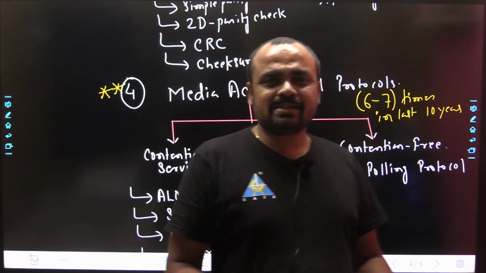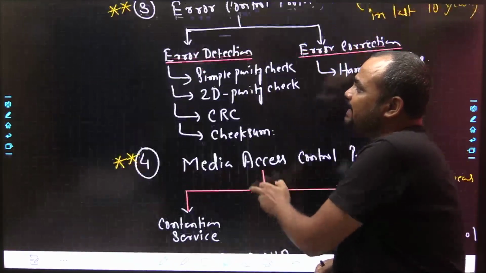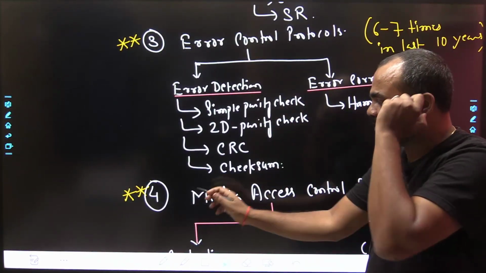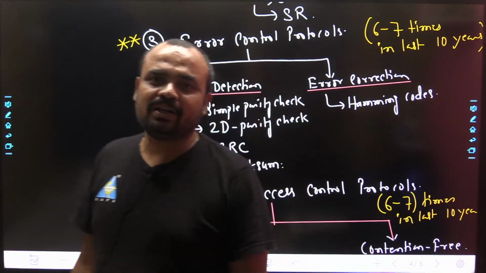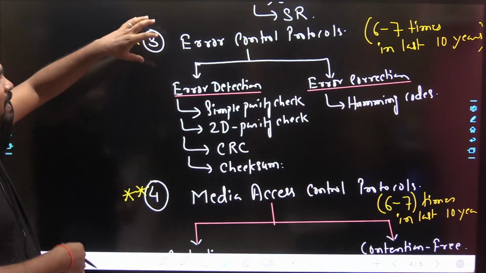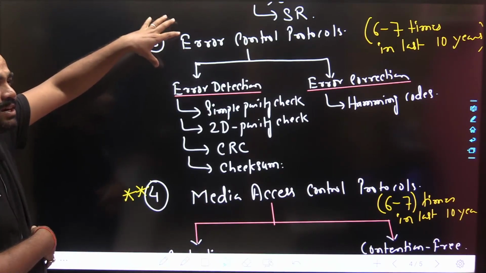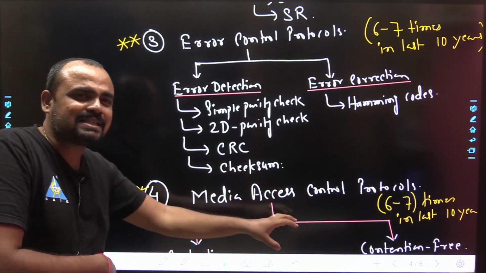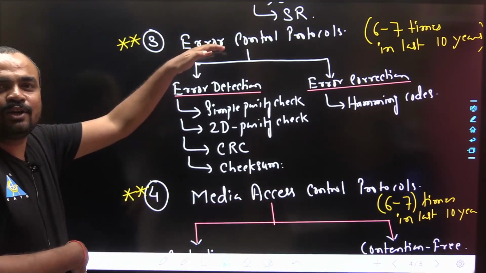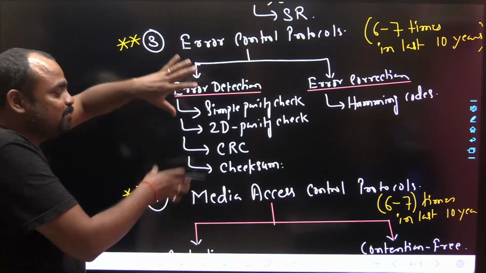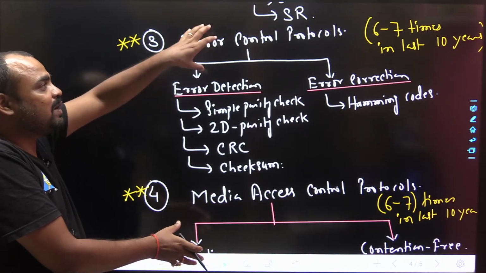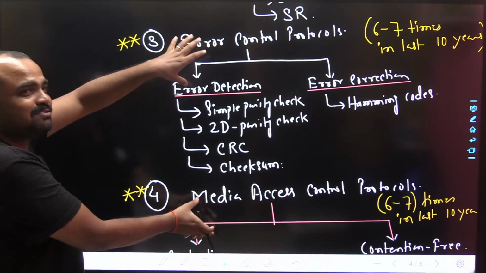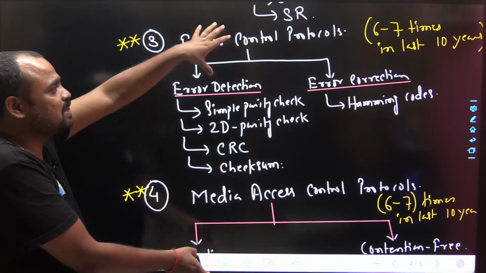So more or less both the topics, either it is the error control protocol or it is a media access control protocol. If the question is asked from the error control, they will skip this one. If the question is asked from the media access control, they will skip this one. Or they can ask the question from both the topics. Like 1 mark from here, 2 marks from here, or 2 marks from here, 1 mark from here.